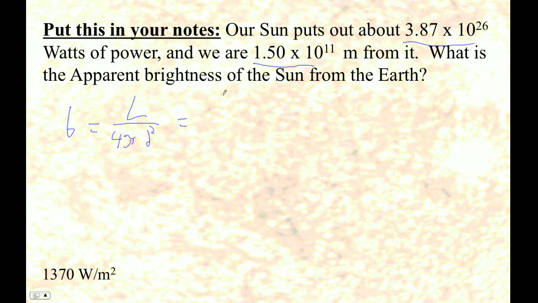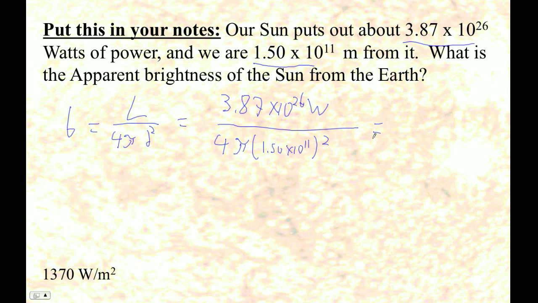That's 3.87 times 10 to the 26th watts, spread out over a sphere an astronomical unit in size. So it's 4 pi times 1.50 times 10 to the 11th, squared.